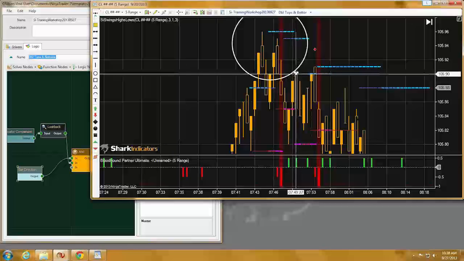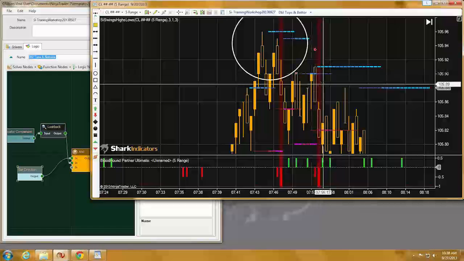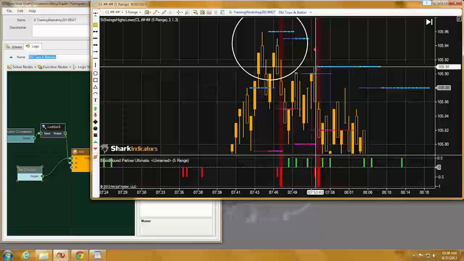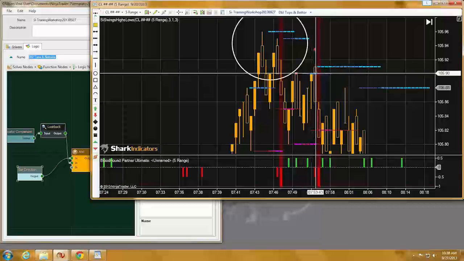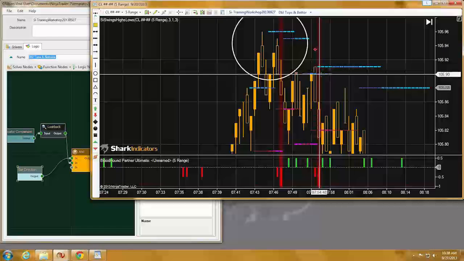So this high point is being detected as a high point from our swings highs lows indicator for 2 bars here. And so the high of this bar is within 3 ticks of that plot. So that's why we got this short.